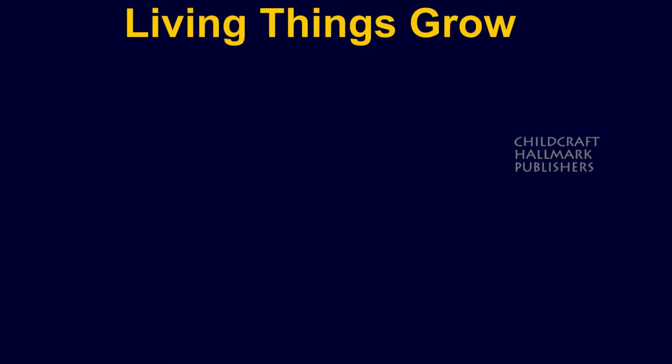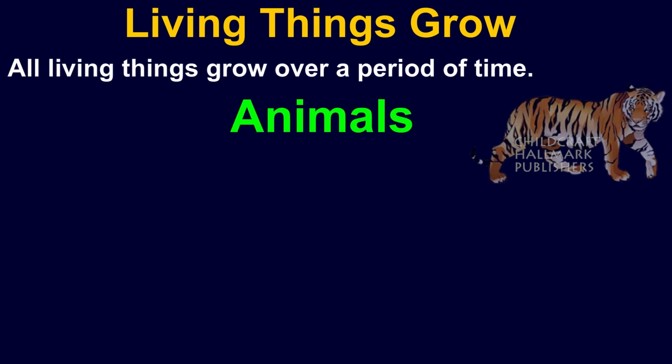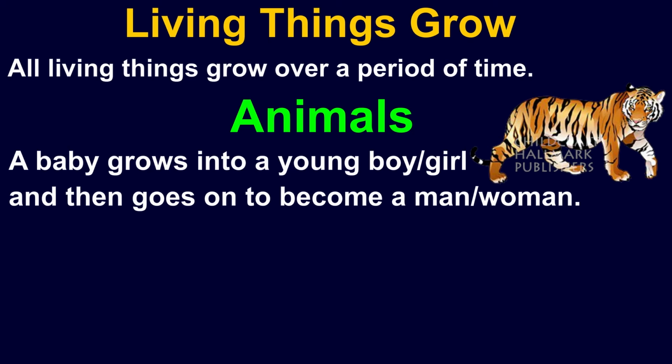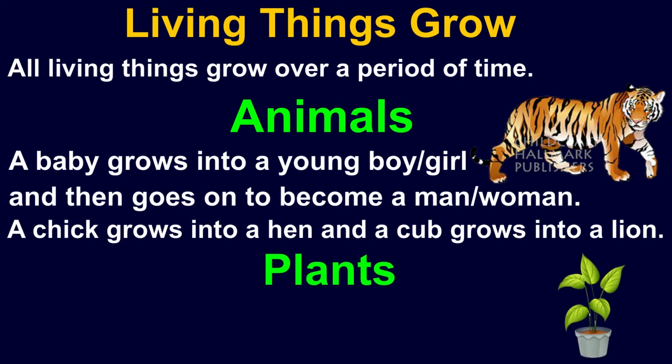Living things grow. All living things grow over a period of time. Animals. A baby grows into a young boy or girl and then goes on to become a man or woman. A chick grows into a hen and a cub grows into a lion. Plants. A seed grows into a tree.